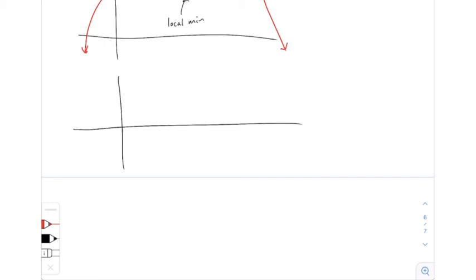How about a function everybody knows and loves, sine of x, right? Are there any local or absolute maximum or minimum points? For the local at least, you should be looking at all the mountain peaks and the valleys. There are many of them, right? The ones up here are maximum points.